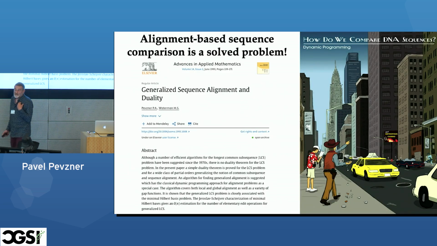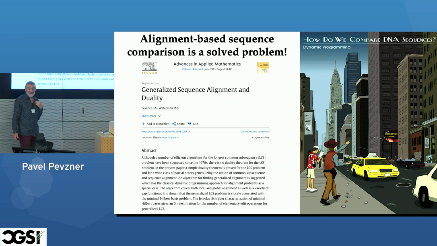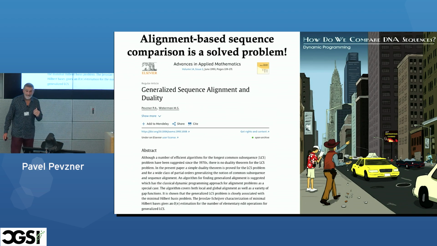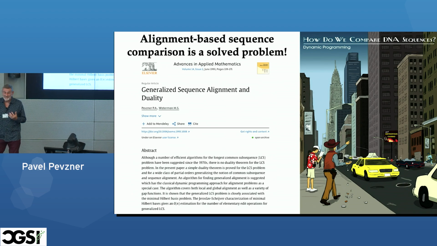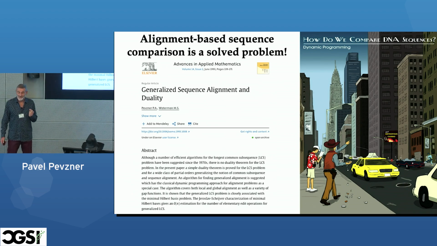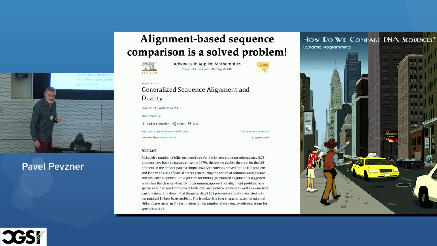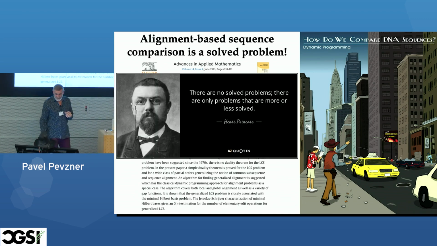Well, I personally thought until 2 years ago that the alignment problem is completely solved. My last alignment papers, on the duality theorem for sequence alignment and Jaroslav Skriver's characterization of Hilbert basis, were written 30 years ago, and I thought I would never return to this topic. But I was wrong.